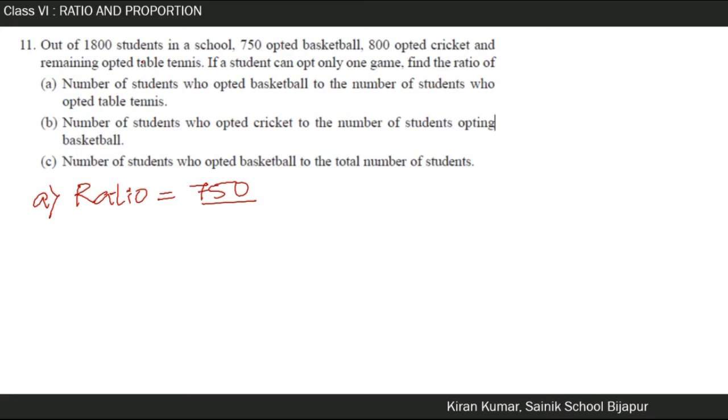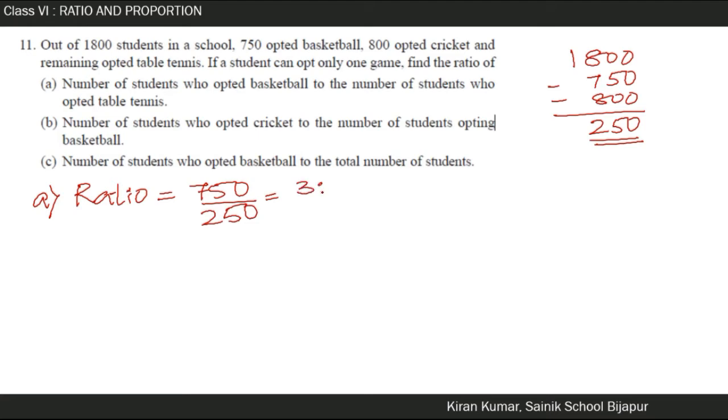Here, from 1800, we need to subtract the sum of 750 and 800, and we get 250 as the number of remaining students who have opted table tennis. So 750 upon 250, we get 3:1 as the required ratio.